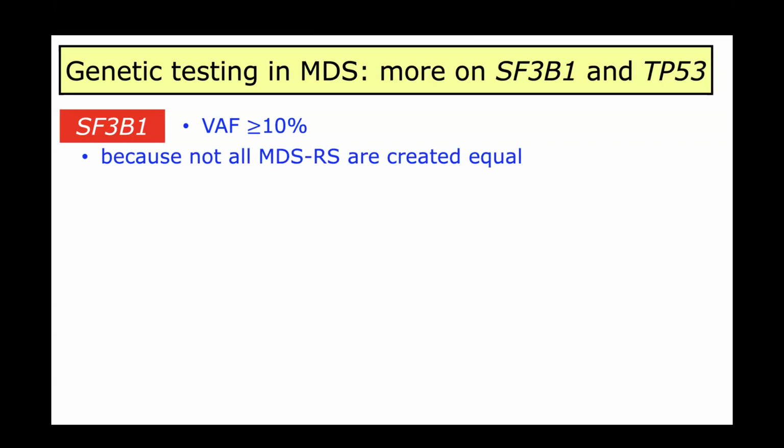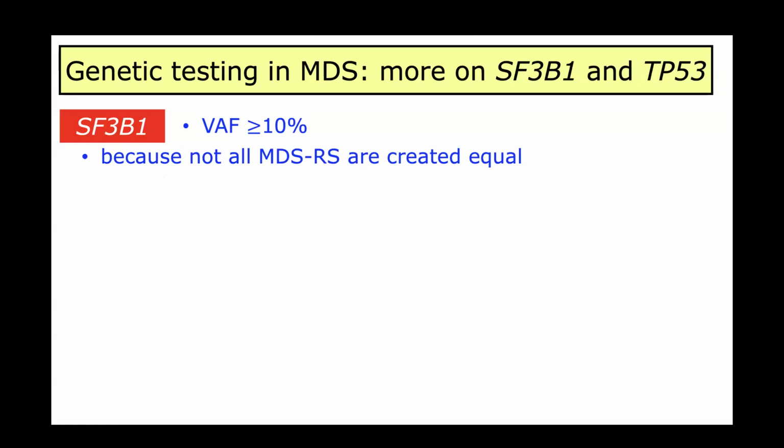And this sort of has supplanted what was previously called MDS with ring sideroblasts. And this emerged because it became clear that not all MDSs with ring sideroblasts are created equal. Perhaps 90-ish% of them have the SF3B1 mutation, and they do well.